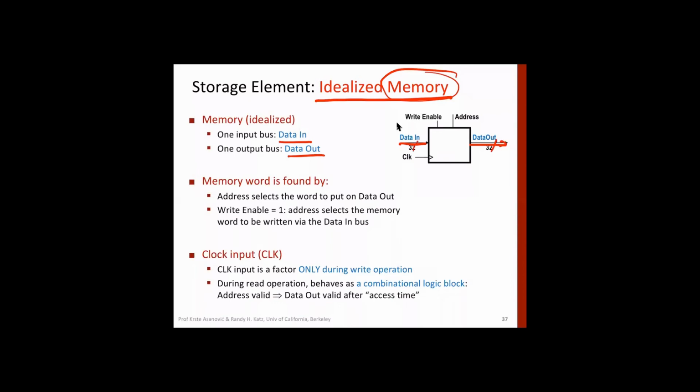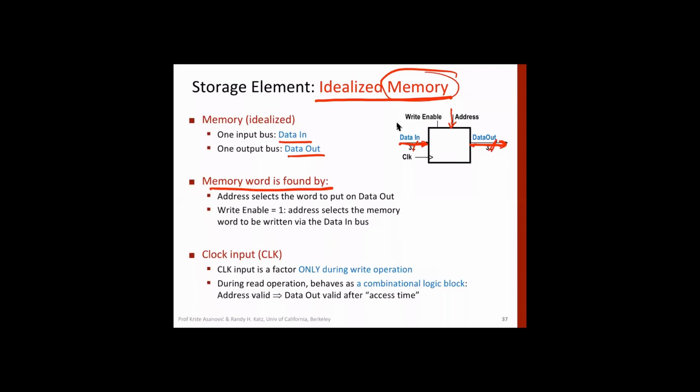So this is the input bus available here, and this is the output bus, which is 32 bits. The memory word is found by address. So this is the address of the location from which we are going to read 32 bits.